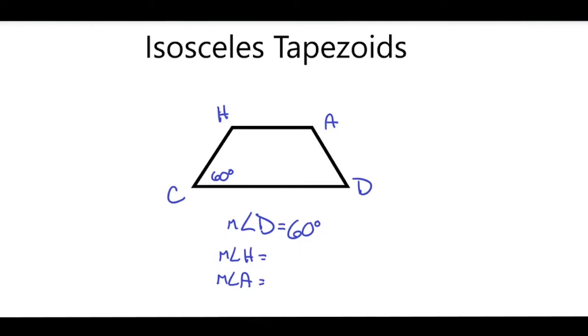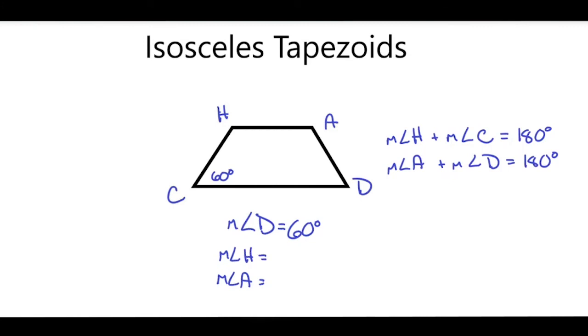Well, the cool thing about isosceles trapezoids is if you have angle H and angle C, those two angles actually add up to 180. So the measure of angle H plus the measure of angle C is equal to 180 degrees. So those will be supplementary.